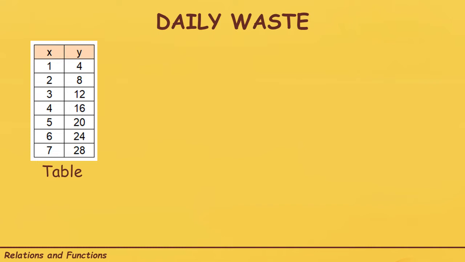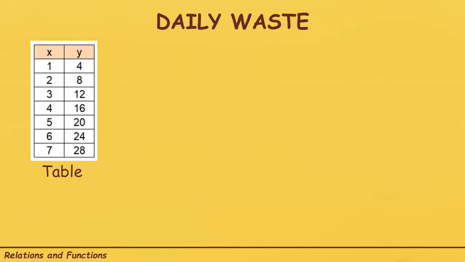Blanco kanina yung 16, 20, 24, 28. So paano kaya natin yan nakuha? So ang ginagawa lang natin dyan is minumultiply natin ang number of adult by 4. Bakit by 4? Kasi ang average daily waste of an adult is 4 kilograms. So just multiply it and you will get the value of y.